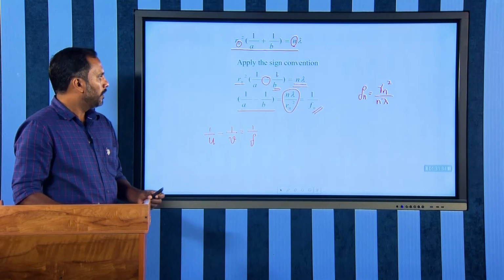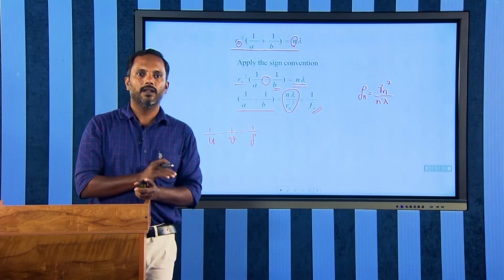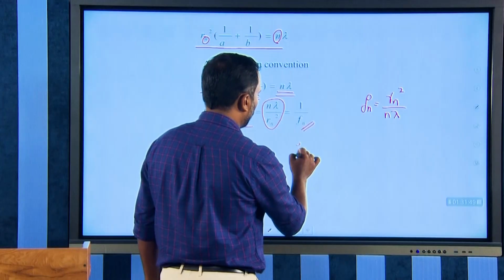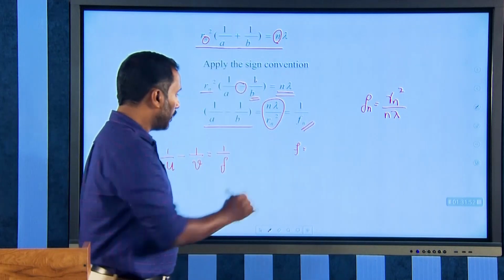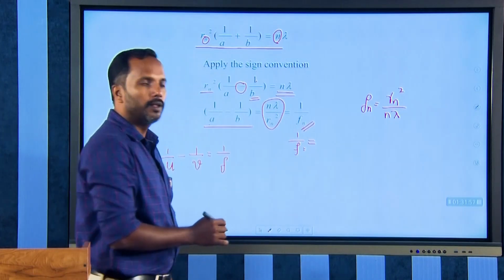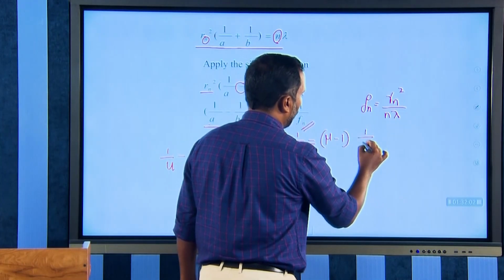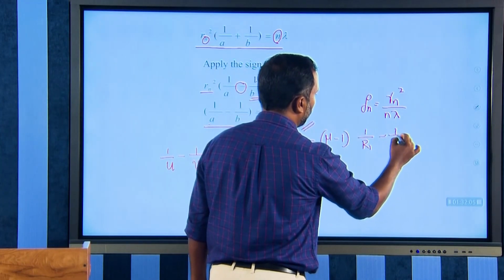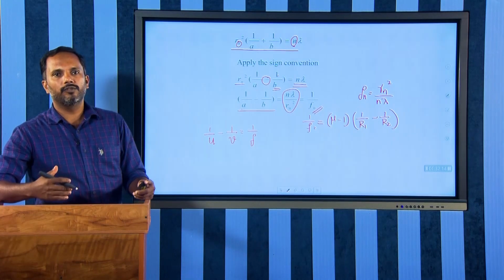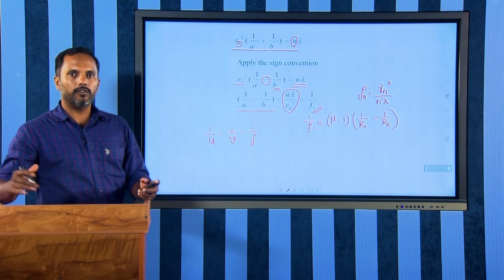Initially, a convex lens has only one focal length, and you know the equation for that focal length: 1 by f is equal to mu minus 1 into 1 by r1 minus 1 by r2, where f is the focal length of the lens, mu is the refractive index, and r1 and r2 are the radii of curvature.